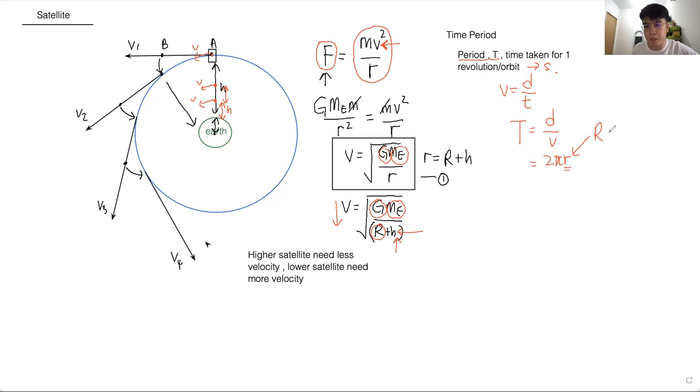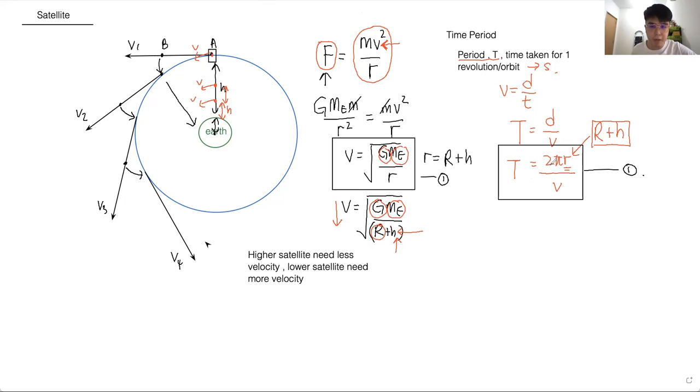The radius of the Earth plus the altitude. Okay, so T equals 2 pi r over v. This formula also you need to remember. Let me box this, especially for calculation.